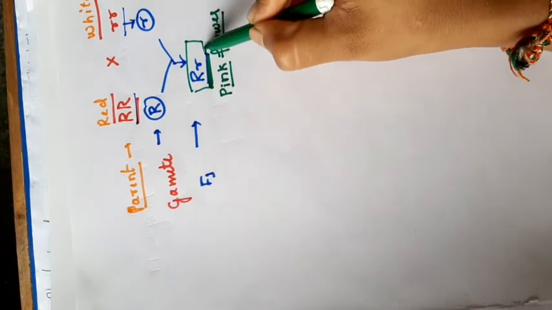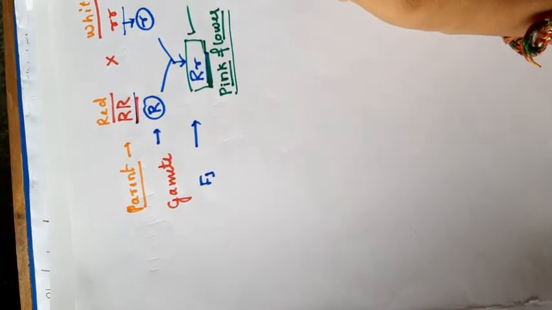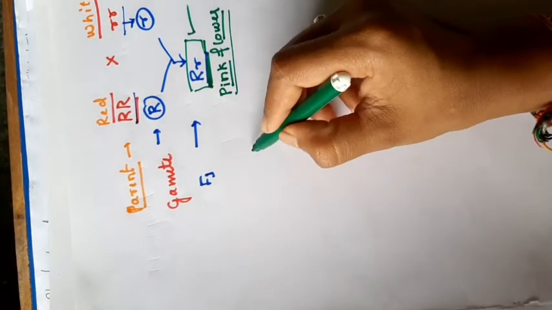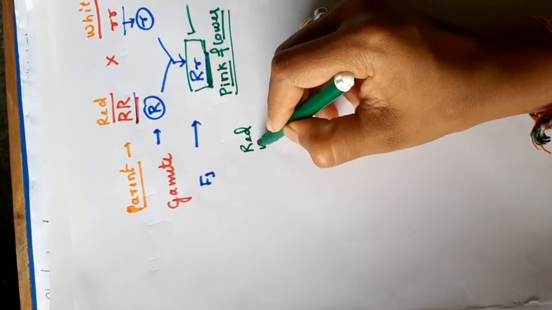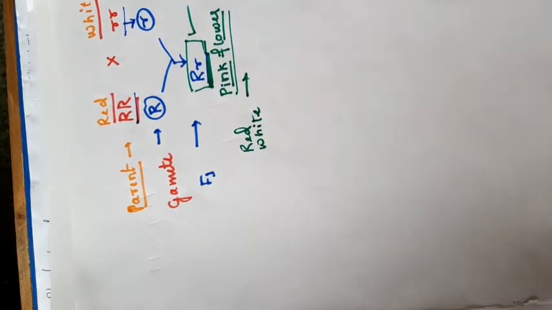That's why the F1 has an intermediate color between the parents. The parents are red and white, but the F1 hybrid has pink flowers. That's why it is known as incomplete dominance. Both the dominant and recessive genes express partially, half expression we can say.